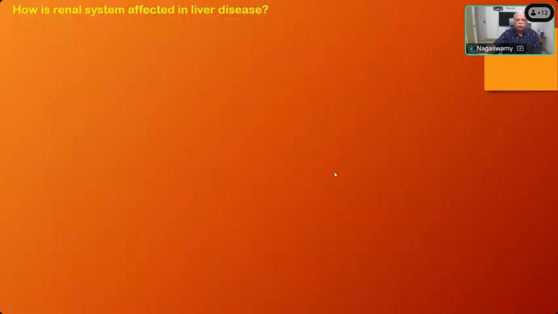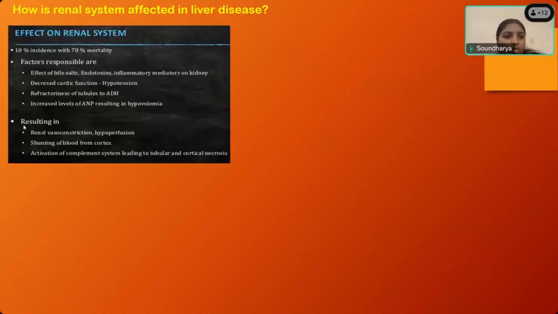How is the renal system affected in liver disease? It causes hepatorenal syndrome. Type 1 hepatorenal has 10% incidence with 70% mortality.